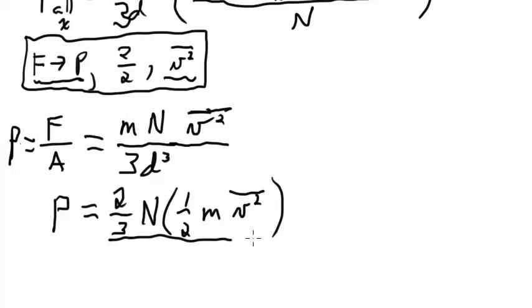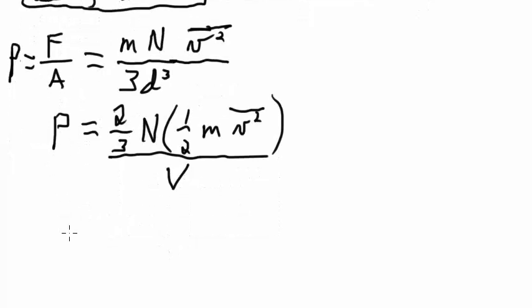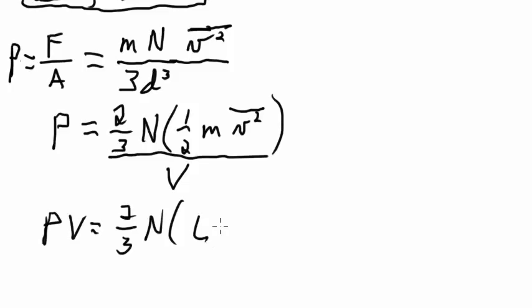I will also divide by the d cubed, which can be expressed as volume. So in the end, we will express it as PV equals 2/3 times n times the linear kinetic energy per particle.